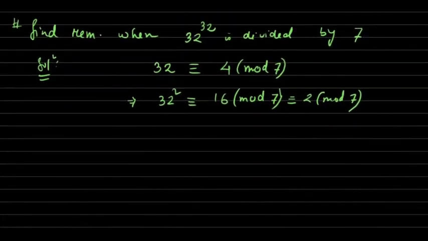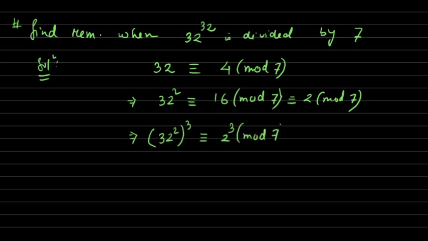Again we have 32 square. That means, yeah, we can have 32 square whole raised to the power 3. Okay, think about it, why I am writing here 3.